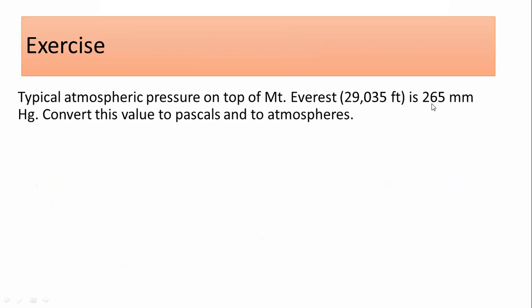So at this height, the atmospheric pressure is 265 mm of Hg. Convert this value to pascals and atmospheres. So this value is given, and you have to convert this unit to the pascal and the atmosphere. So just do it yourself. I will be coming back further to give you the answer to these questions.